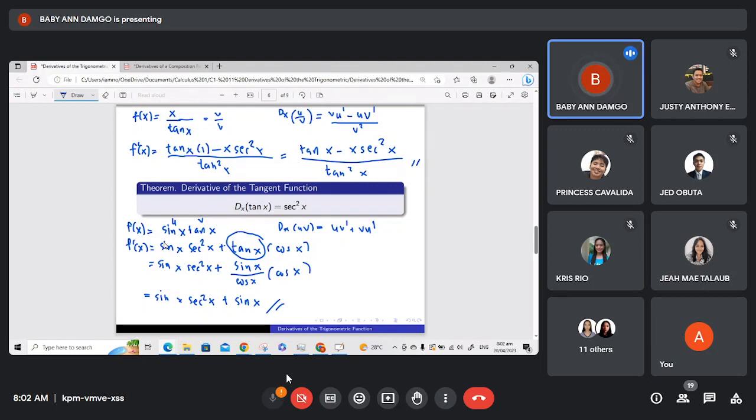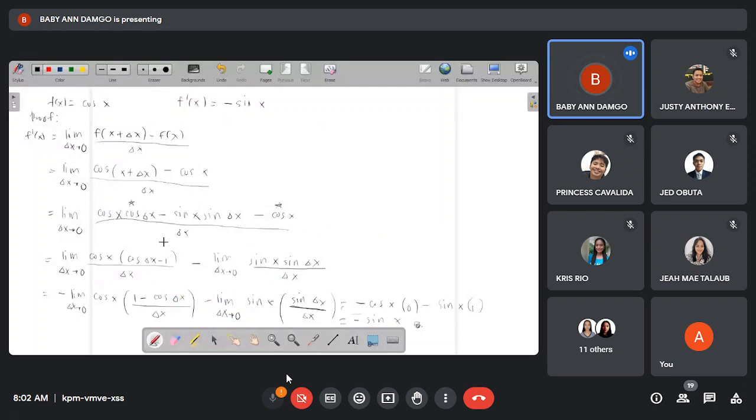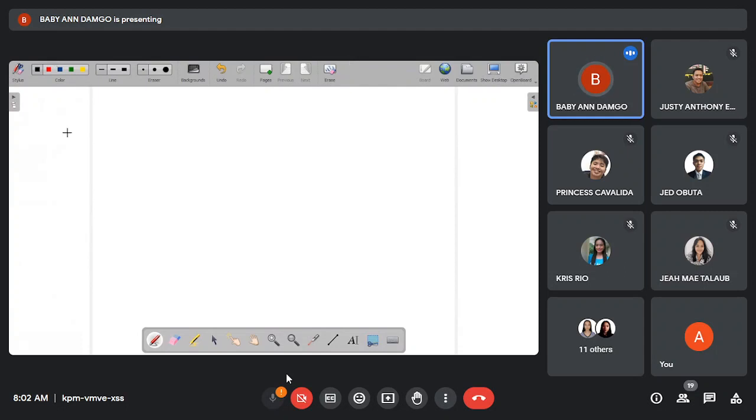Yeah, so ato ning i-prove. Okay, so if you have f of x which is equal to tan x, so the derivative is secant squared x. Okay, so proof ani, pwede ni siya nga this is of the form sine x over cosine x.